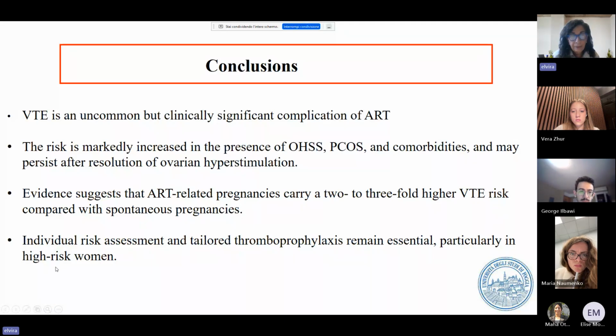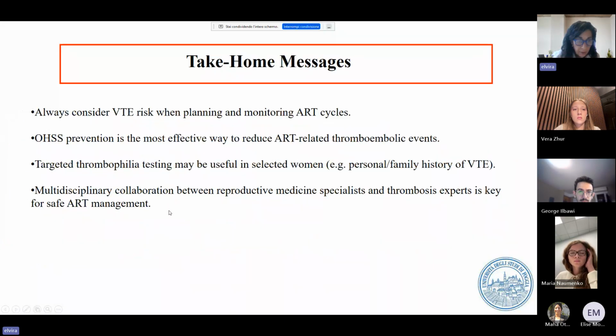And the individual risk assessment should be suggested not only before initiating the cycle, but also during the entire pregnancy following the cycle. And these are my take-home messages.